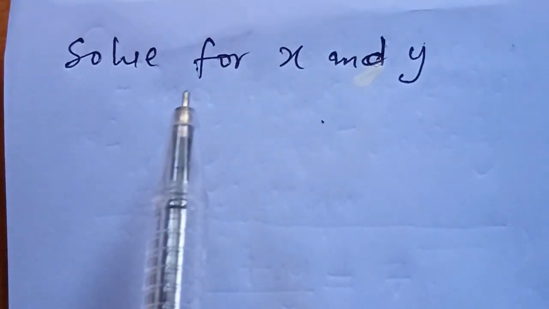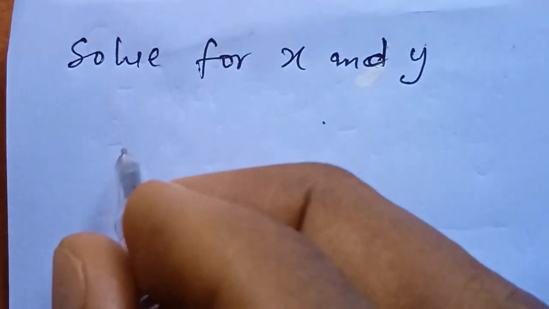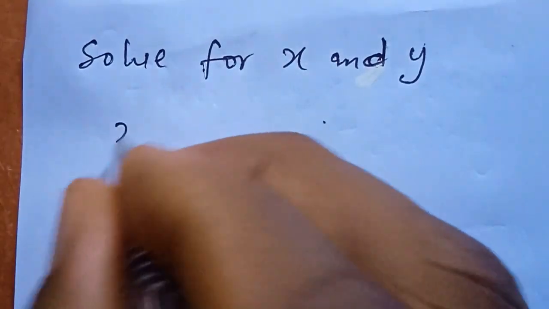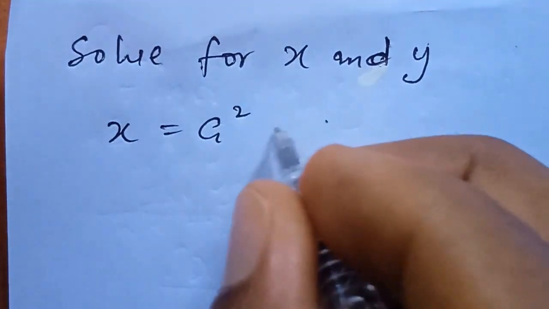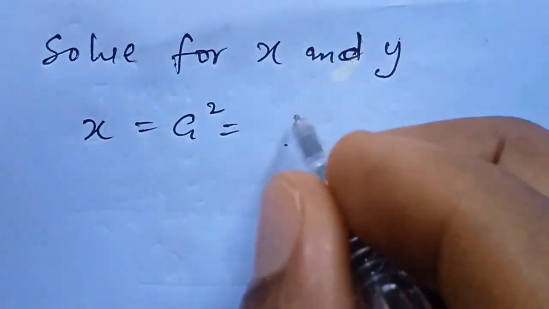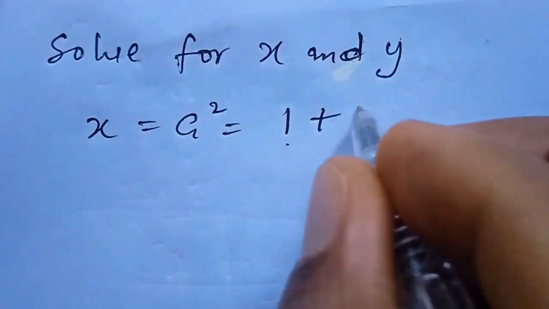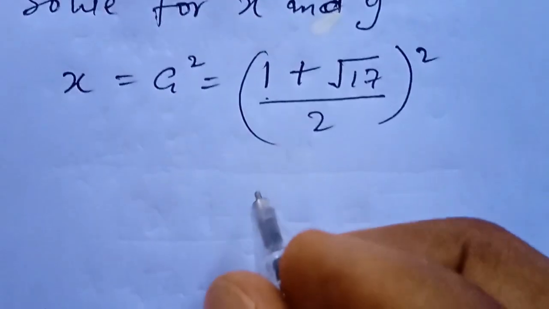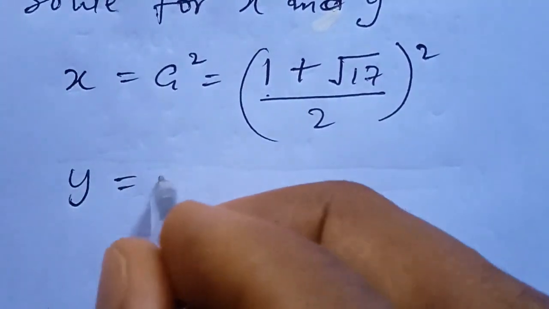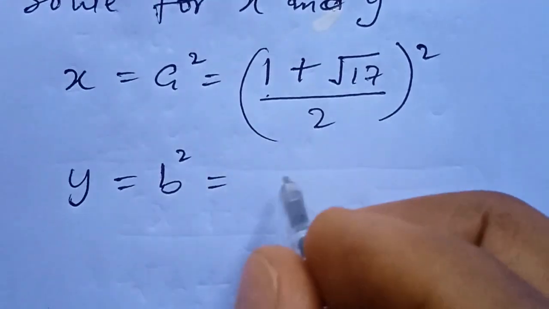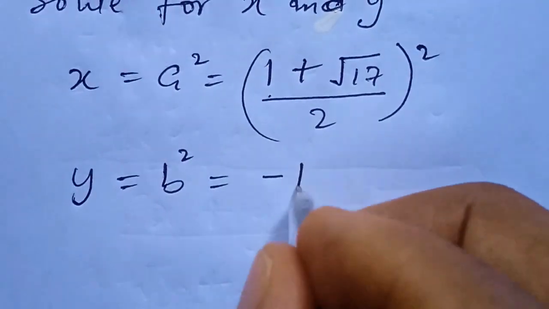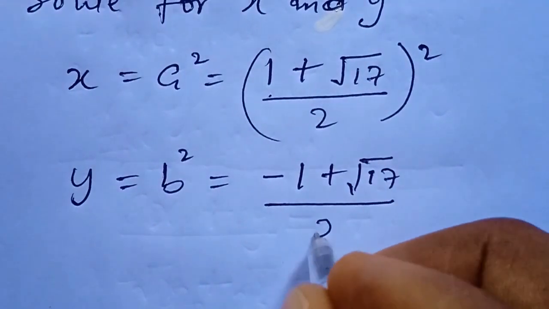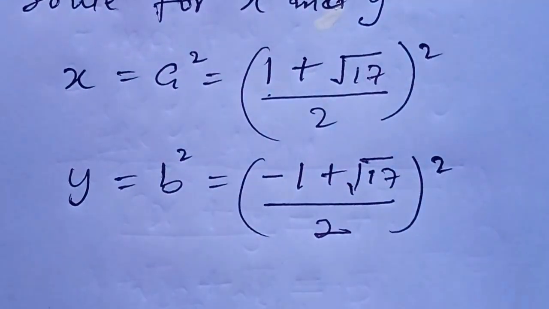To solve for our x and y, we understood from our previous expression that x equals a squared, and if we square a, we have 1 plus square root of 17 over 2 all squared. Likewise y, which is equal to b squared, and if we square that as well, we have minus 1 plus square root of 17 over 2 all squared.